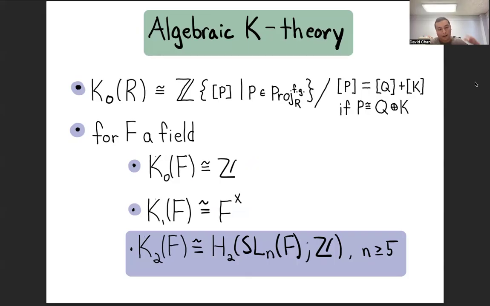So you can see that the higher K groups are getting more complicated. They're also starting to see more information about your ring. You can start to distinguish them at K1, but also you can see that if n is bigger than 5, these groups have to be the same thing. So this is really some sort of homological stability result that says that this is actually well defined.